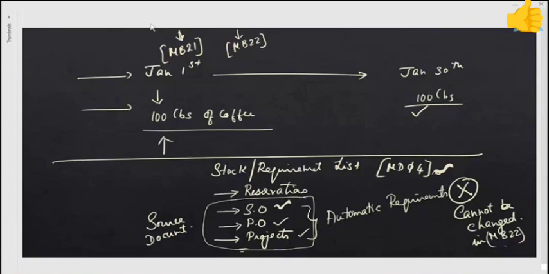We are going to talk more about MD04 and stock requirement lists when we come to MRP. But until that point, just understand that all the requirements and reservations come sit in MD04 for the planner to take actions.